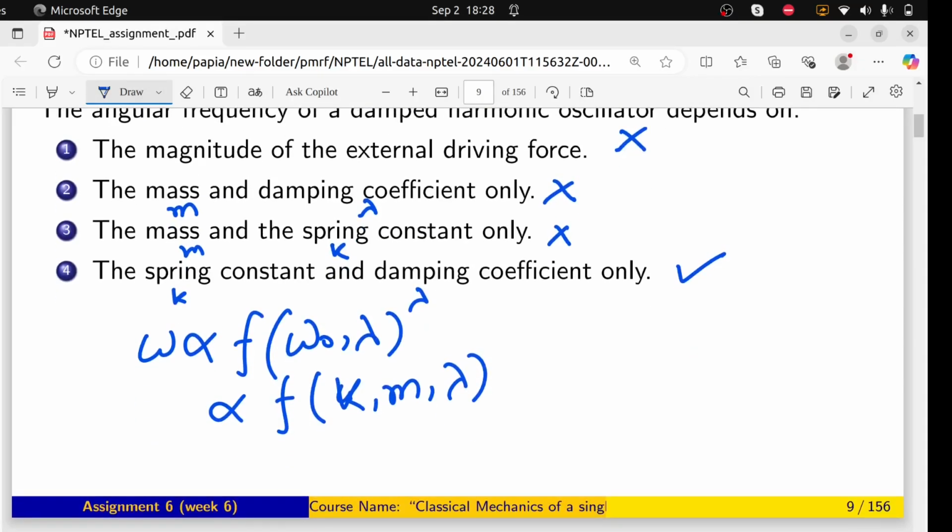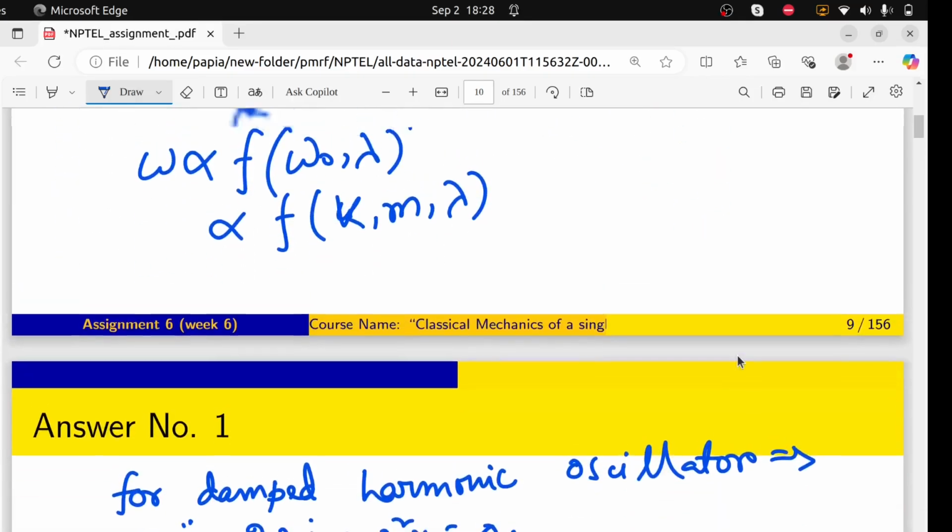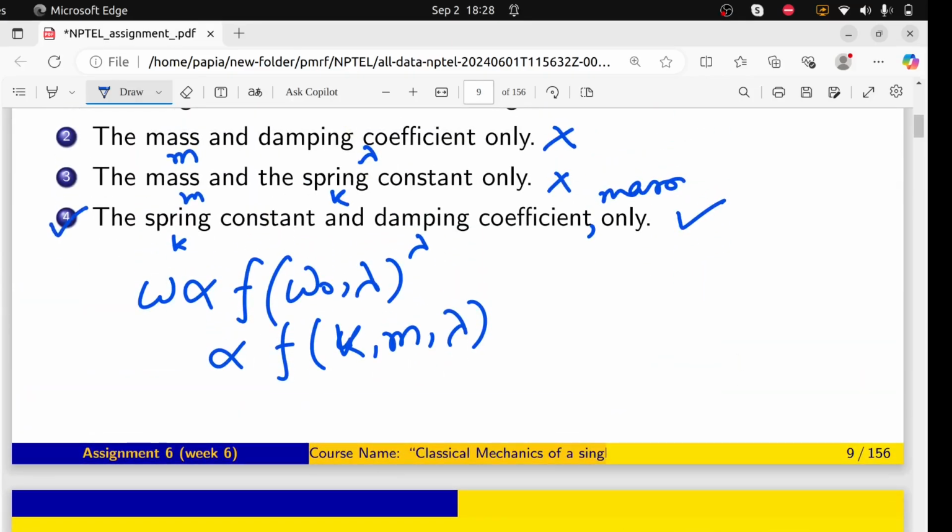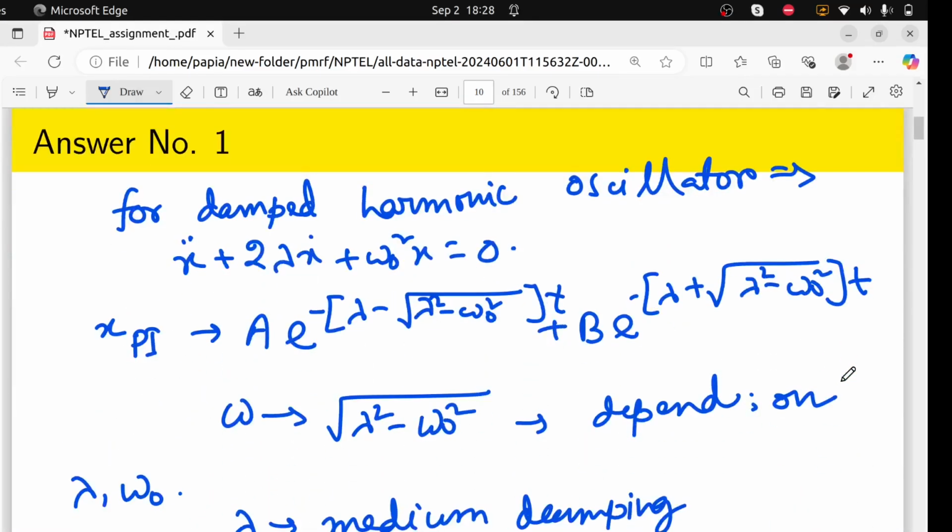So it should not be only, because the mass is also there. So the spring constant, the damping coefficient and mass, these three only. So omega is a function of spring constant, damping coefficient and mass only. Okay. So this is the first question.